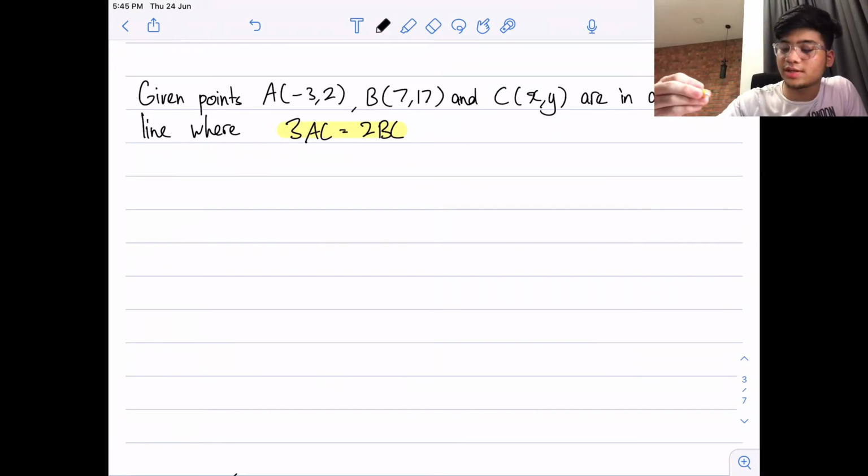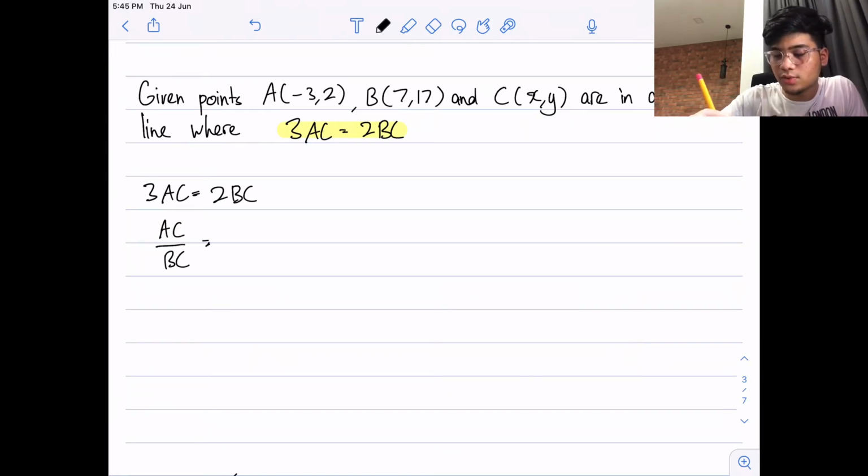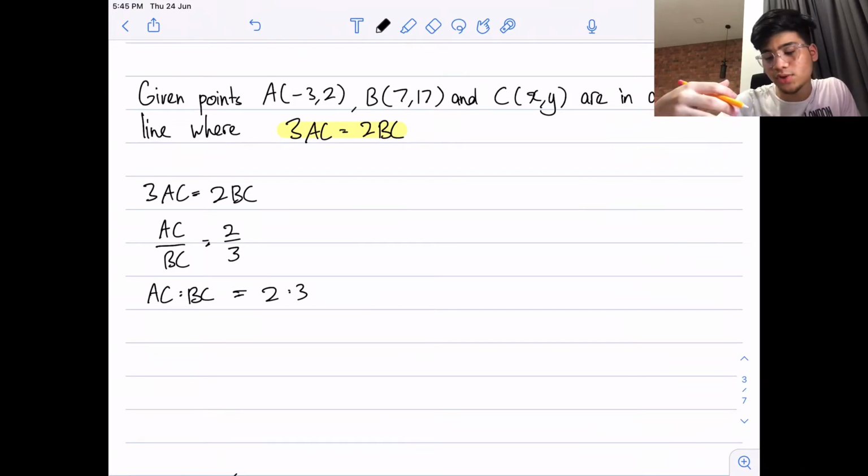It's 3AC equals 2BC, right? So you bring AC and BC to one side and all the normal numbers to the other side. In this case, AC over BC equals 2 over 3. From here, it's the same thing as AC to BC equals 2 to 3. You could also make this BC over AC, so it becomes 3 to 2. Both ways are completely normal.